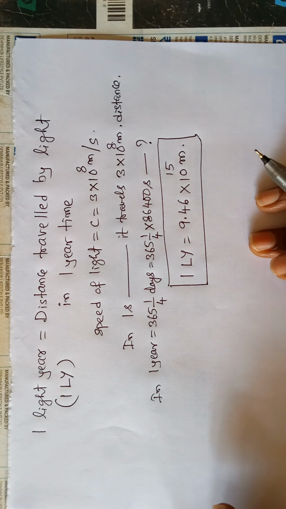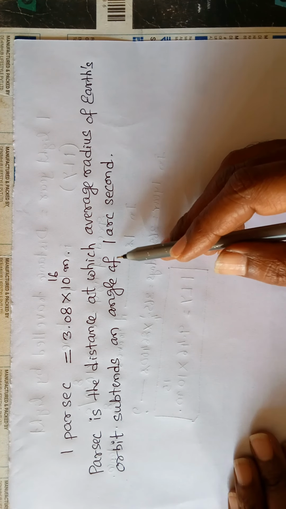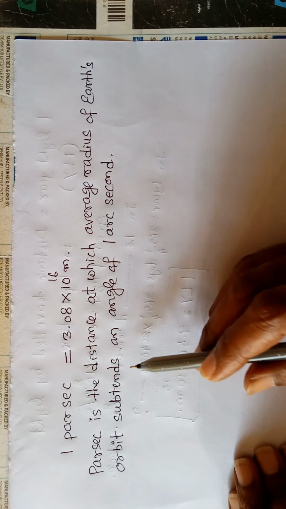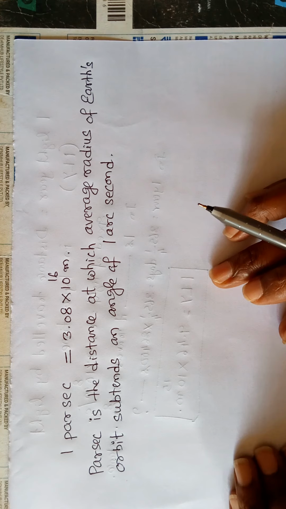Now we are having another larger unit, and that is called 1 parsec. This parsec unit is larger than light year. And how is it defined? Parsec is the distance at which the average radius of Earth's orbit subtends an angle of 1 arc second.